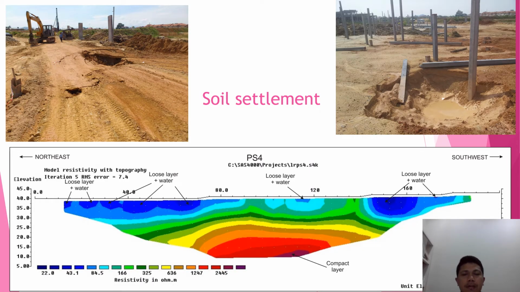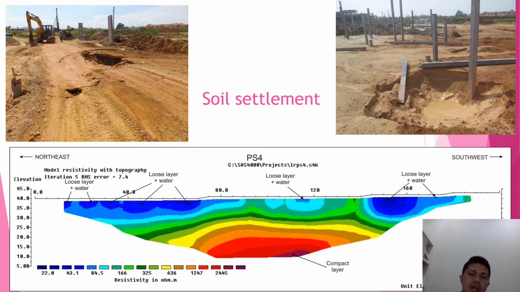Another example for soil settlement, this site is somewhere in Ipoh also, I think in the Pengkalan area. So after they embanked the flat area here, and then they started piling, and then maybe after heavy rain, you can see here the pillar collapsed. So we try to help this engineer.